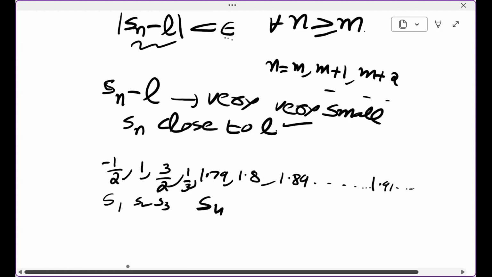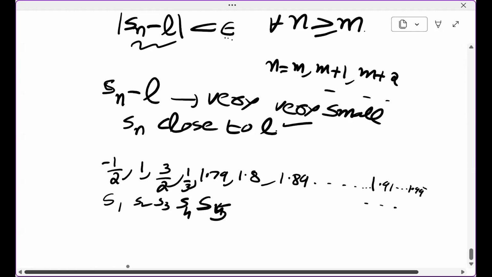I can have some numbers: minus, 1, 1.5, 0.3. So there is no particular order up to S4. But from S5 onwards, it is following some order. What is the order? 1.79 is less than 1.8, less than 1.89, getting close to some number: 1.911, 1.99 and 1.9999 and so on.